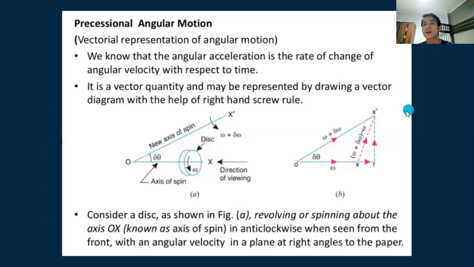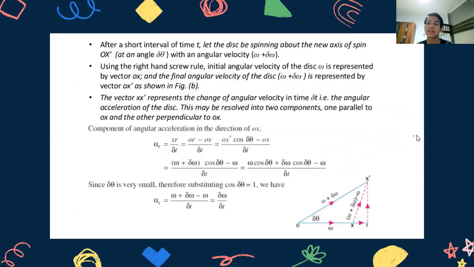Okay, here I take some calculation from a book. As we can see here, the precessional angular motion, we can consider this as shown in figure A, revolving or spinning about the axis OX. Here we can get some of the calculation, where we get the angular acceleration in the direction of OX.